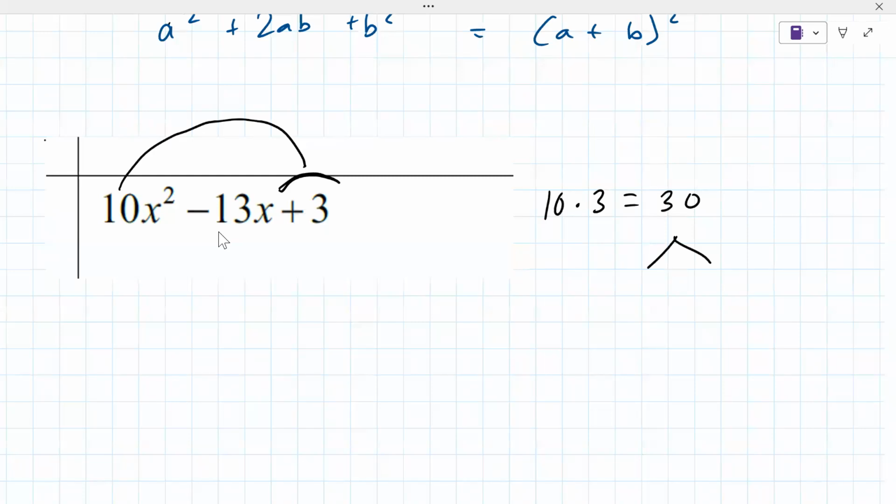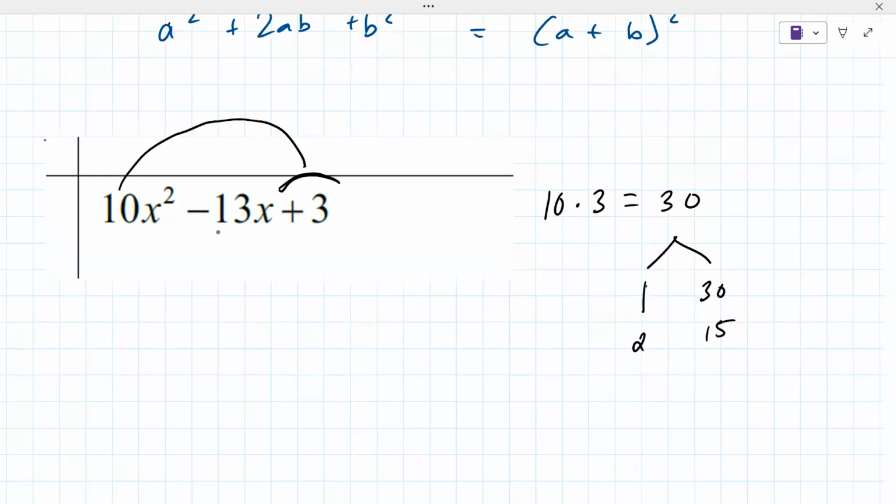Six... actually, never mind, that would be 11. I was thinking about 6 and 5, but 6 and 5 won't add up to negative 13, even if one of them were negative.